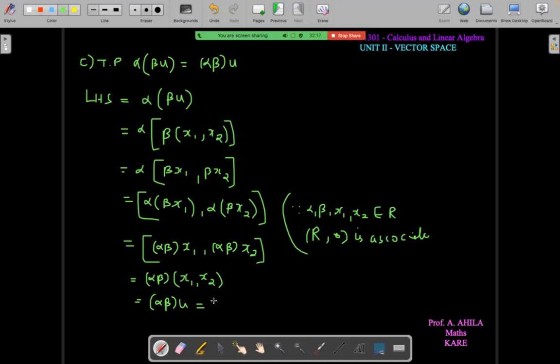Alpha beta into u, which is our right hand side. Therefore, we can say the result is true. That is the third condition. Therefore, alpha into beta u equal to alpha beta into u. This is true.